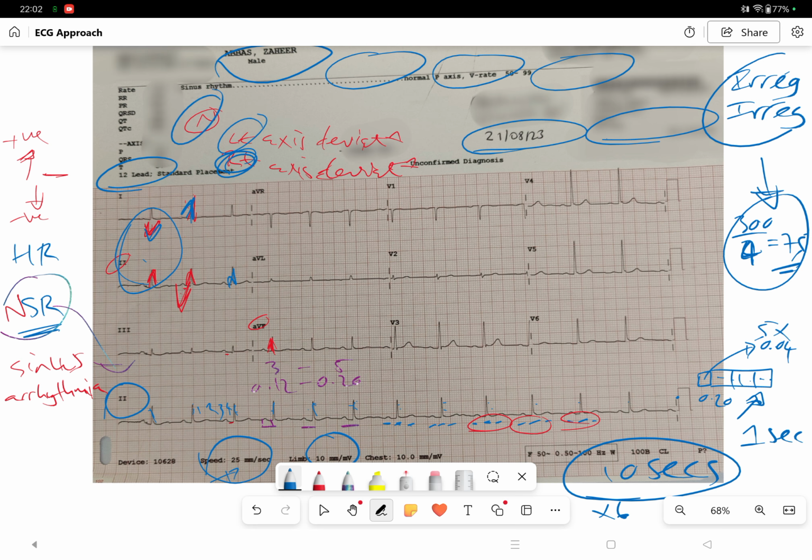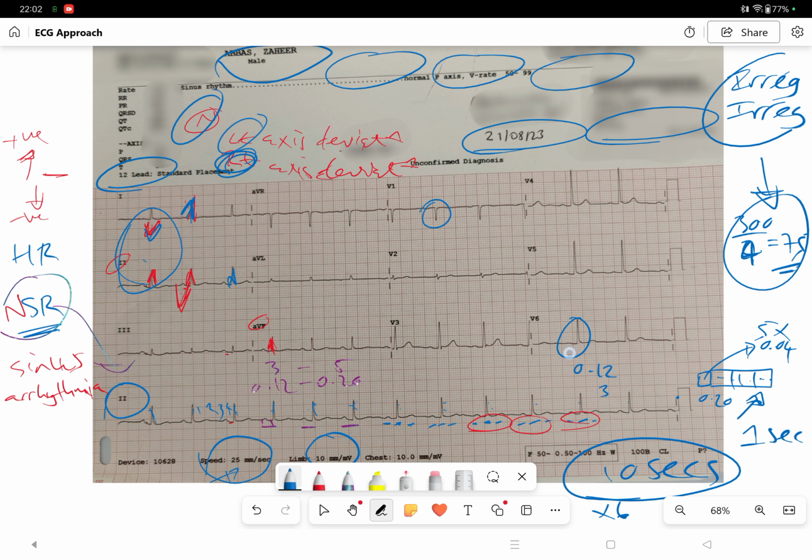The next thing I look at is V1 and V6, and I'm looking here at the QRS complexes. Again, if you watched my previous video, you will recall that the QRS complex should be no greater than 0.12 seconds, i.e. 3 small squares.